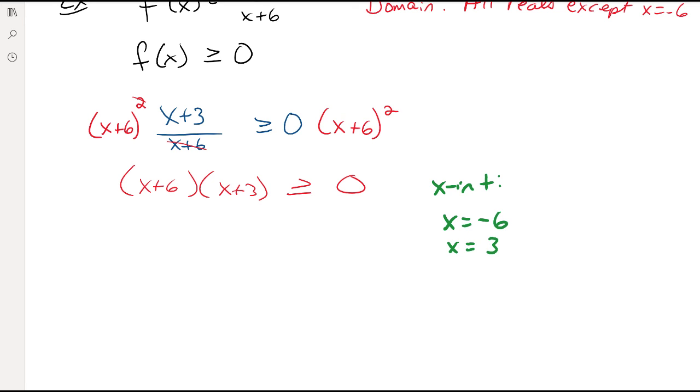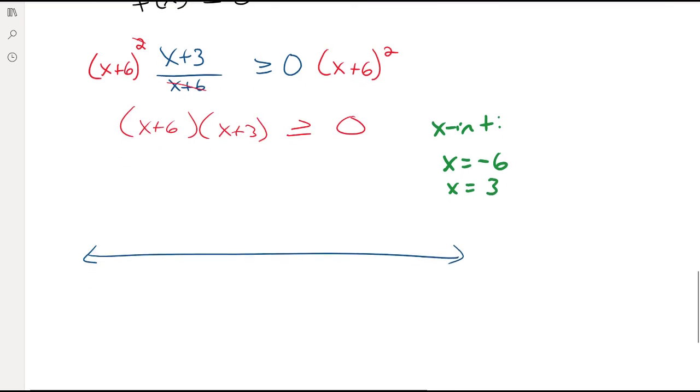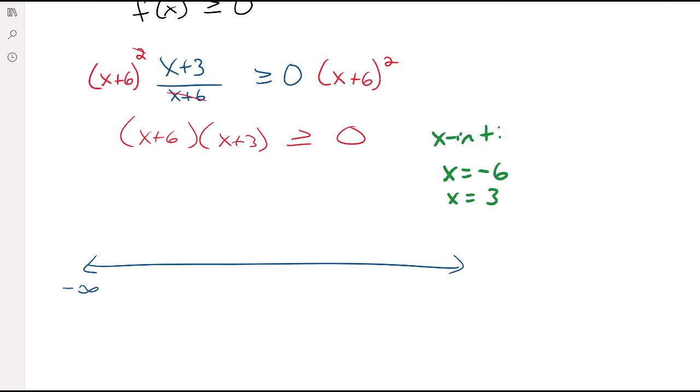So those are the values we're going to put on our number line. Okay, -infinity, +infinity, -6, and -3 as well. Oh, I forgot my negative. -3. Okay?